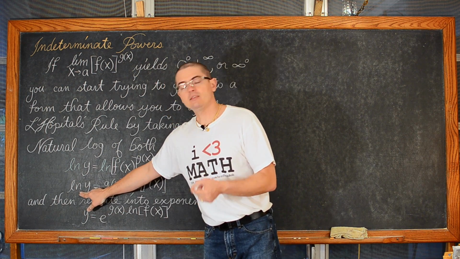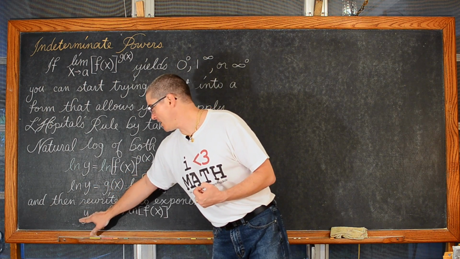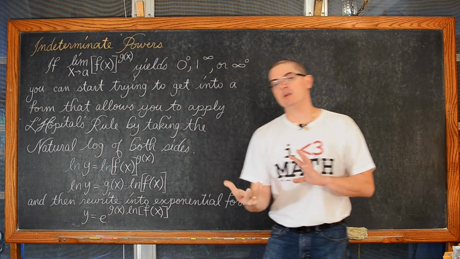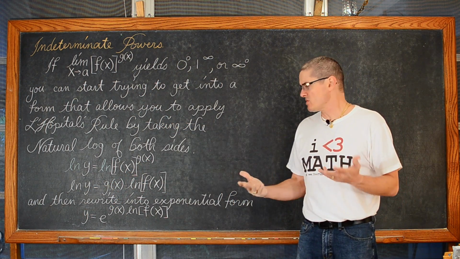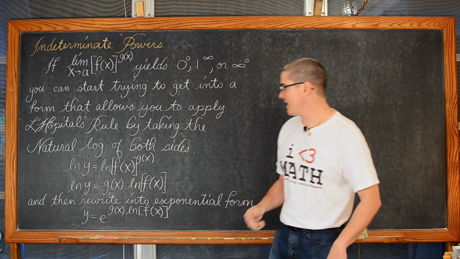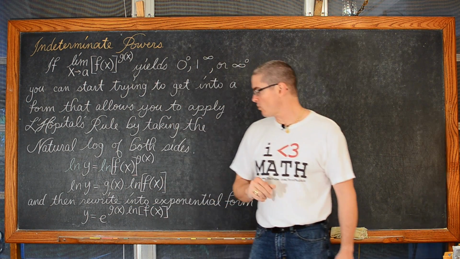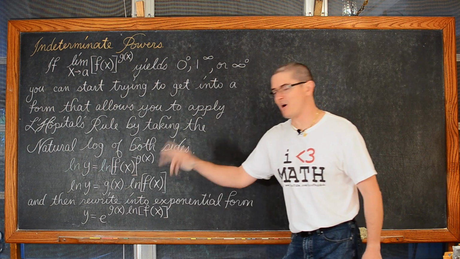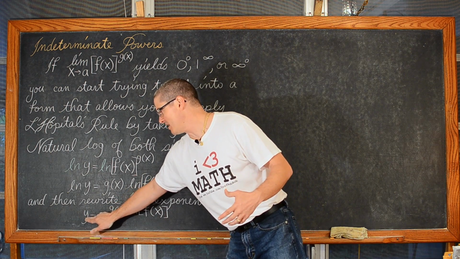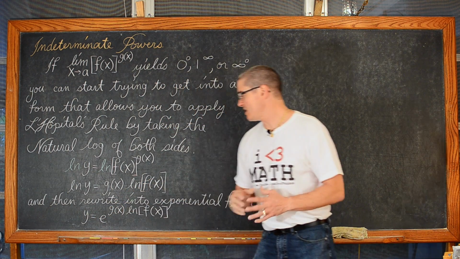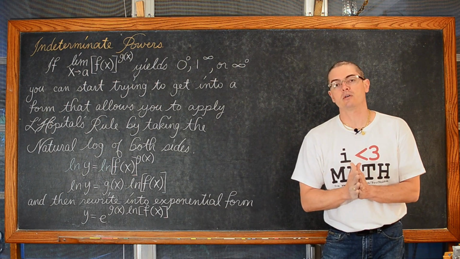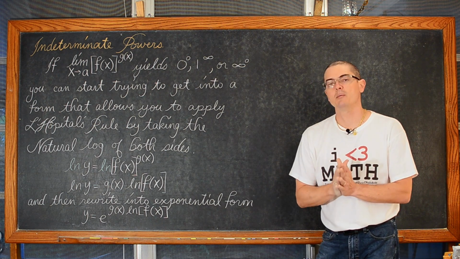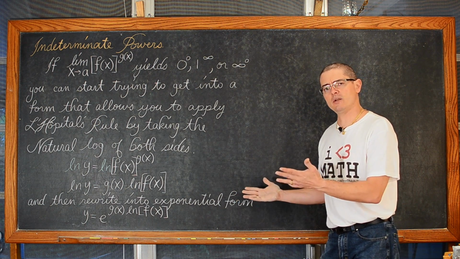And then to get the natural log function away from the y, we're going to make both sides of the equation an exponent of e, or just write it in exponential form, so that y is equal to e raised to the g of x times the natural log of f of x power, and then see what happens after that.